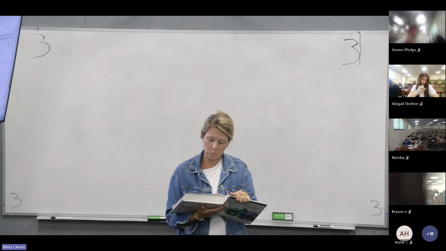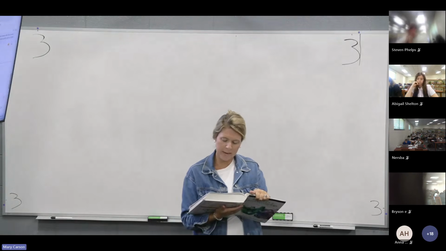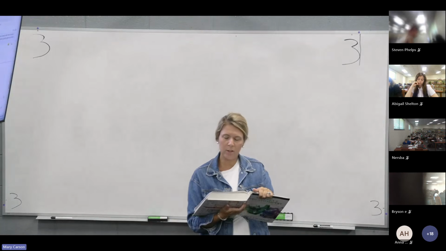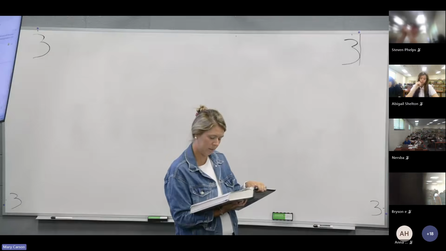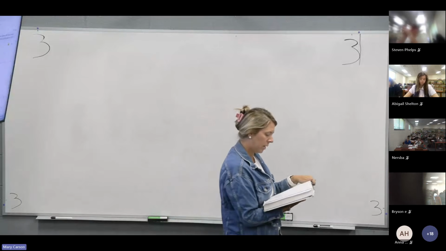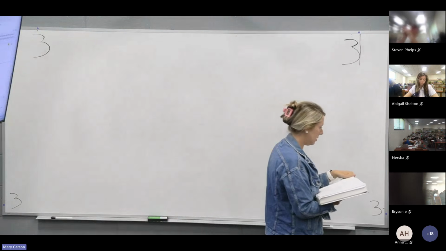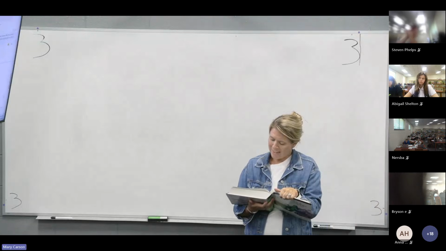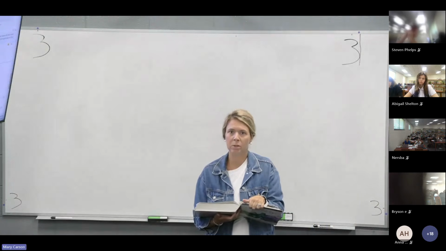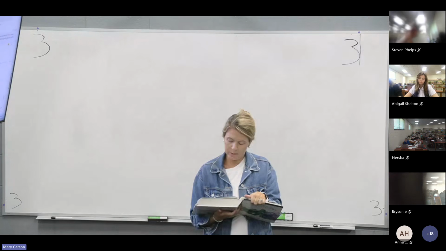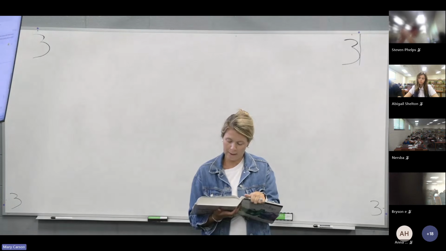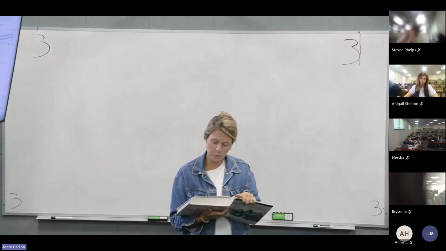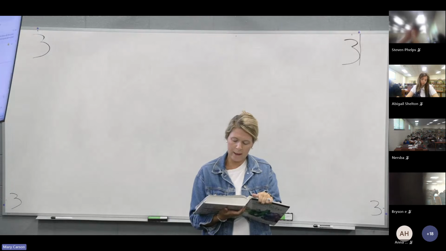Question 40 was negative 2x squared plus x minus 6. And then 42 was negative 4y cubed plus 4y squared plus 4y plus 12.